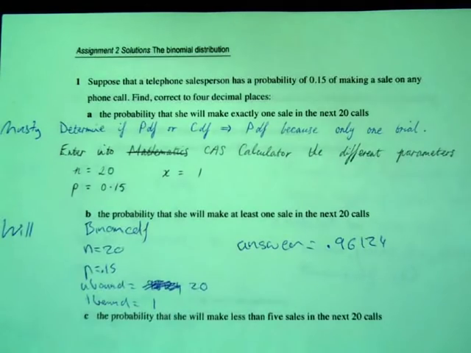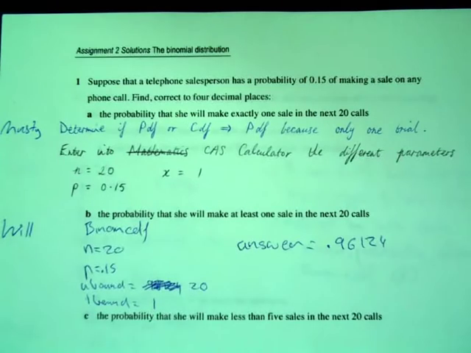So I entered the parameters into the CAS calculator, under probability, binomial distributions, and put in the number of trials equal to 20, because it was exactly one sale. I put in X equal to 1, and the probability was equal to 0.15 from the question, and then just pressed enter and it gave me the solution.